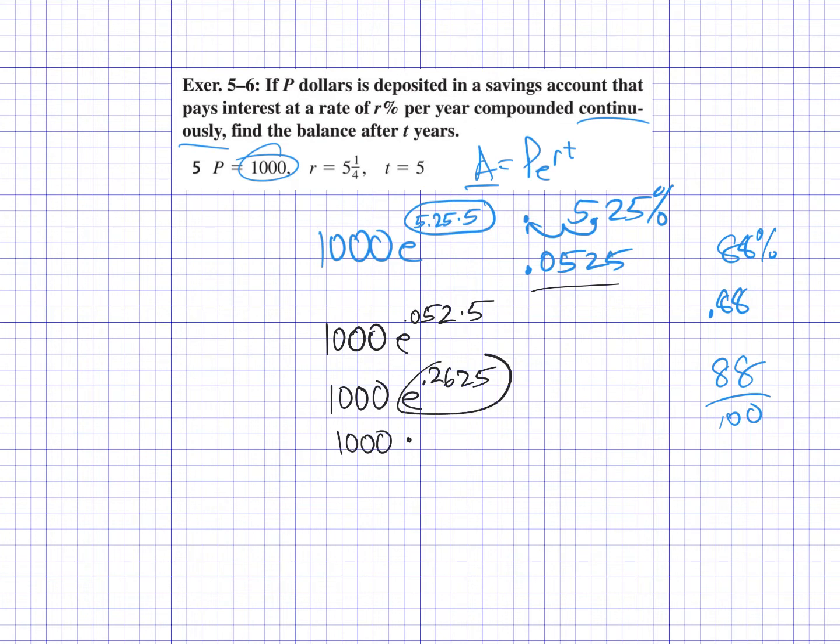So e to 0.2625 is 1.30017... All right. So multiply that times 1,000, and that just moves your decimal over 3 places. So $1,300.18. So the total amount after 5 years at 5.25% is going to be $1,300. So you got $300 that you didn't do anything for, but it took 5 years to get it.